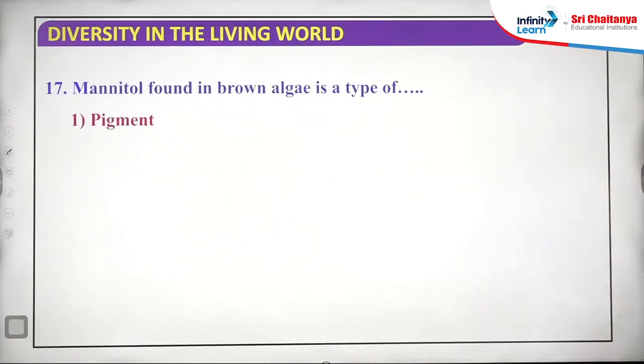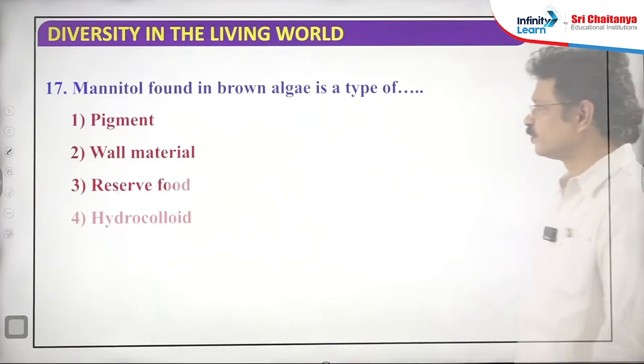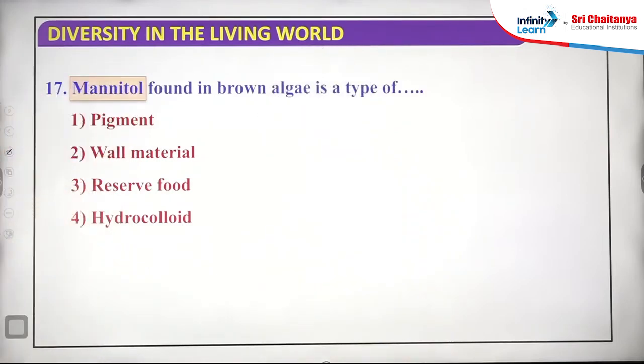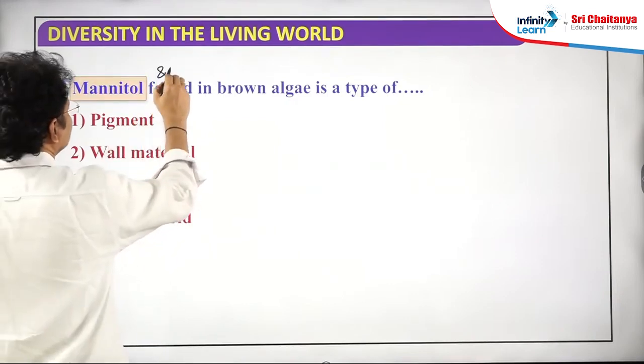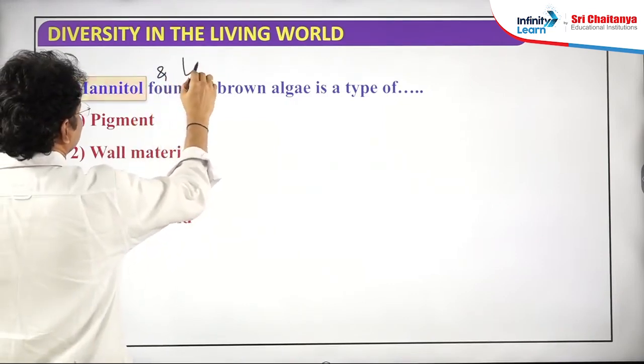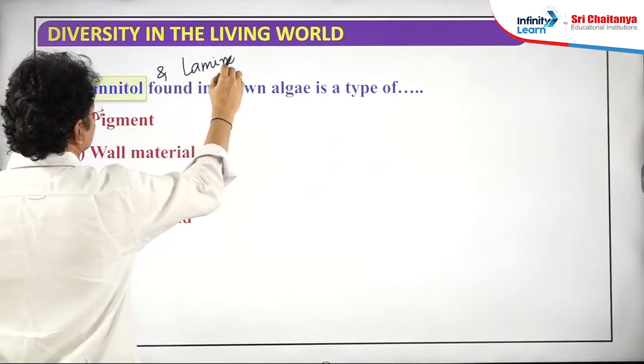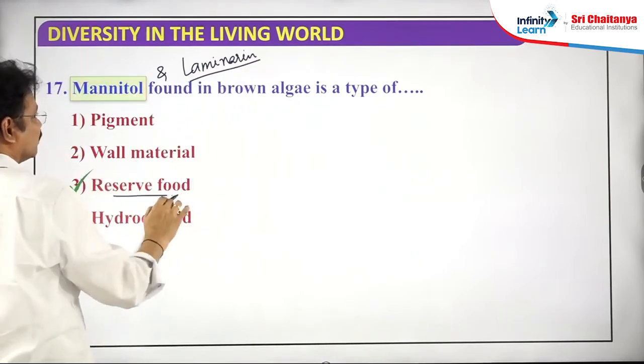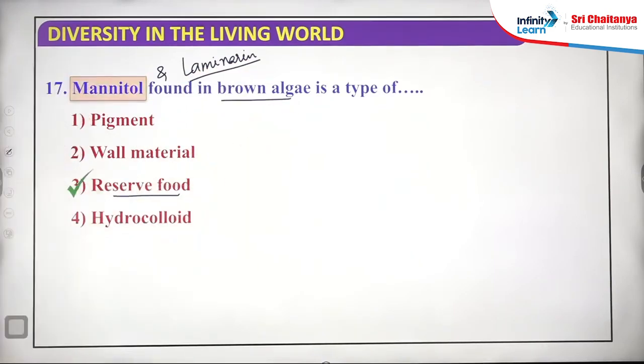Mannitol found in brown algae is a type of reserve food material. Laminarin and mannitol are both forms of reserve food material in brown algae. Mannitol is not a pigment.